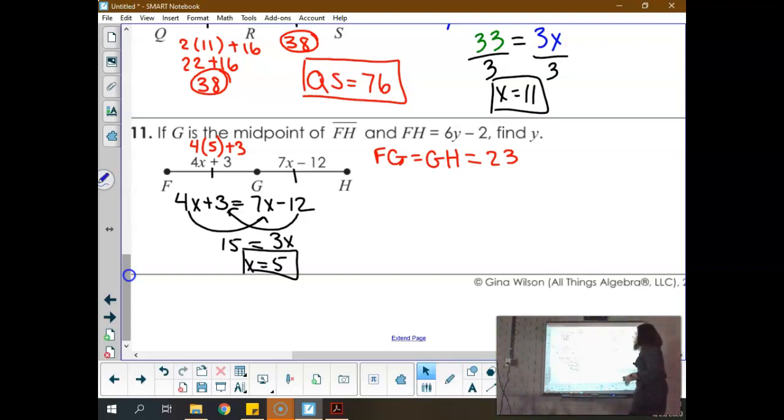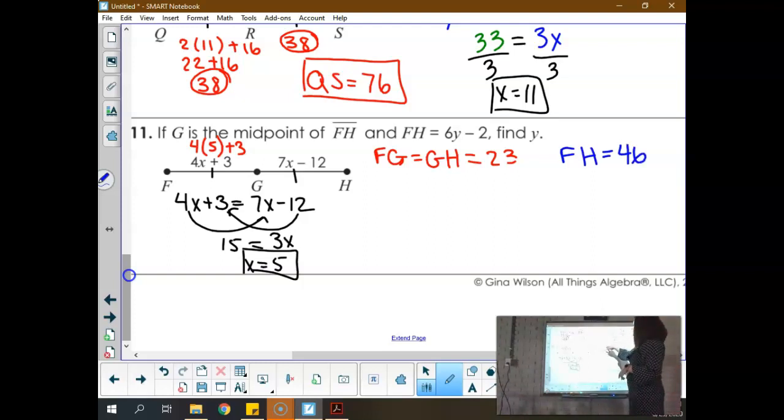Final step, let's fix this so we're consistent. FH, so the whole thing is going to equal 46.